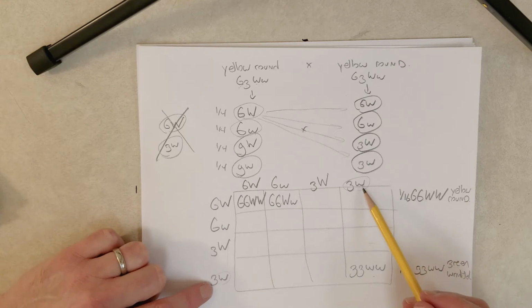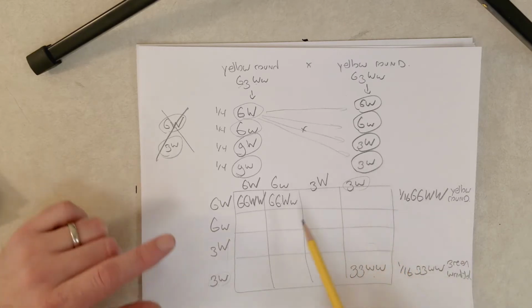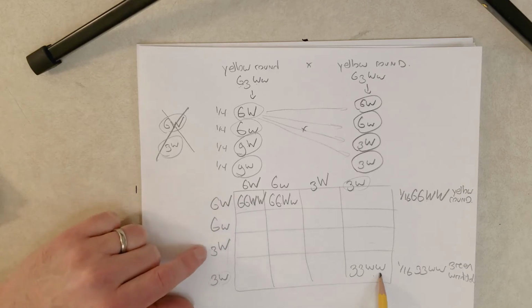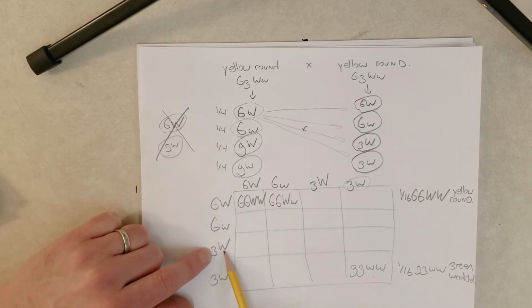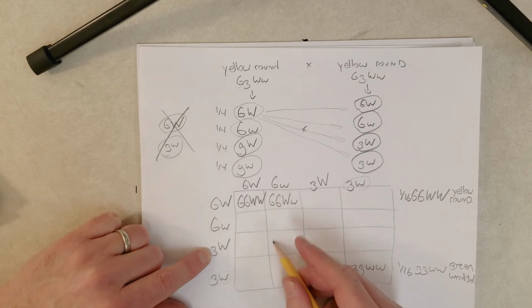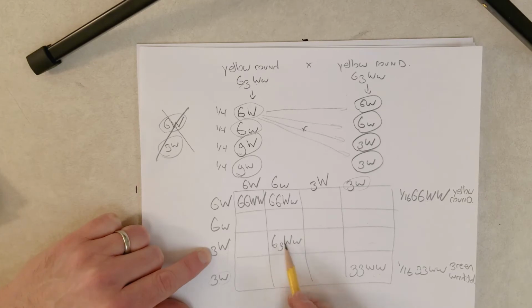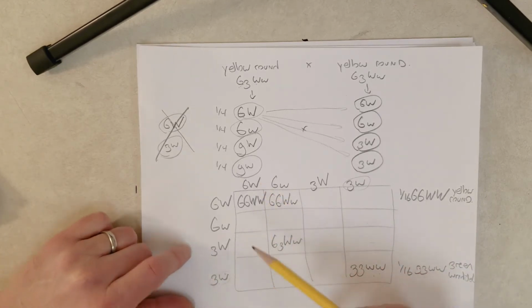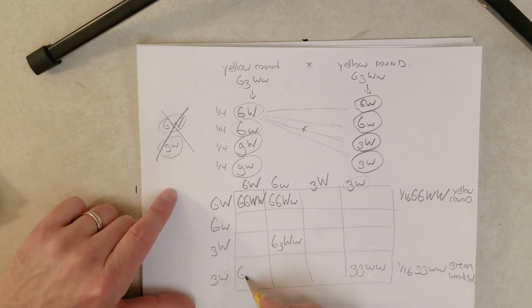Now, you can get a particular genotype in a number of ways. So these happen to be unique in the corners here of the Punnett Square. But let's take a look at, let's say, this one right here, little g, big W, with this one, big G, little w. We get double heterozygous here. We get the same thing when you combine this one with this one down here. Double heterozygous.